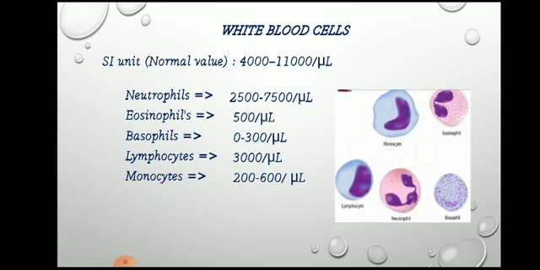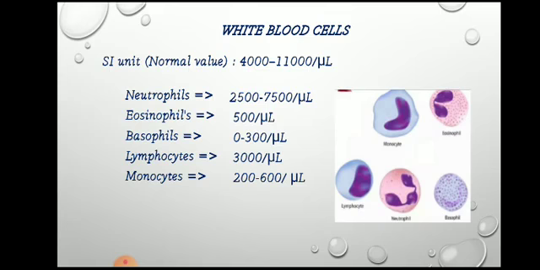The monocyte, then eosinophils, then neutrophils, then basophils, and lymphocytes. So these are all five possible types of WBCs present in the blood.